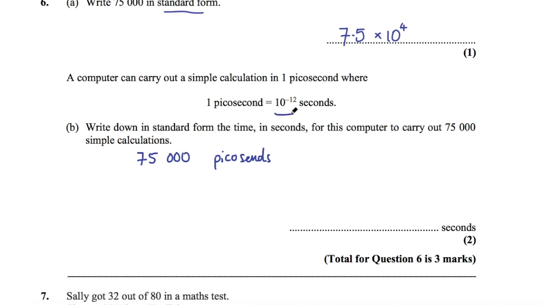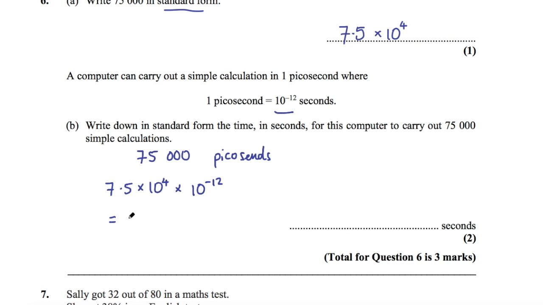So we need to take this number, multiply it by 75,000 to get the amount of seconds that this will equal. So we can take that number, 7.5 times 10 to the 4, and multiply it by 1 picosecond in seconds. So that's going to be 10 to the minus 12. So now we have base 10 numbers with exponents, so we can add those exponents.